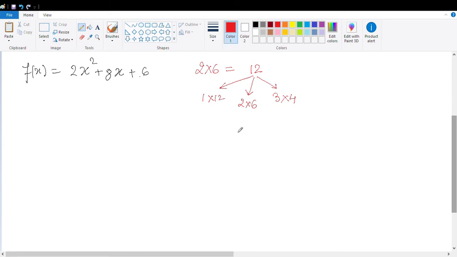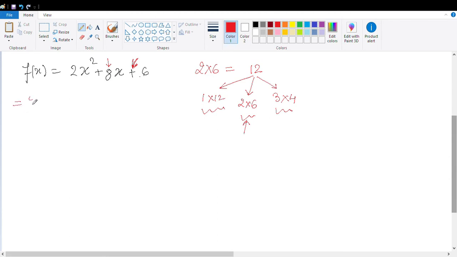Only these combinations are possible for 12. Now you see the constant number is positive. So from these pairs we will consider only that pair for which the addition of the numbers is the middle number. It means the addition of the numbers is 8. So definitely we are going to follow this one because 6 plus 2 will be equal to 8.